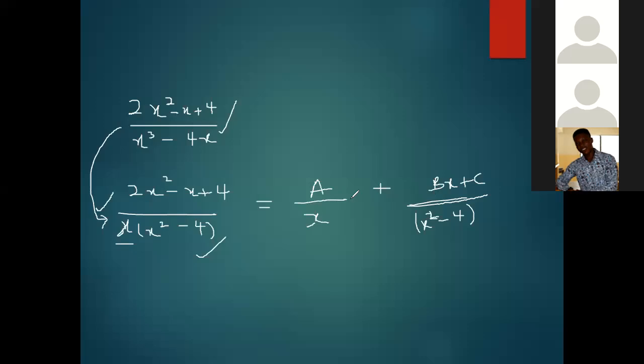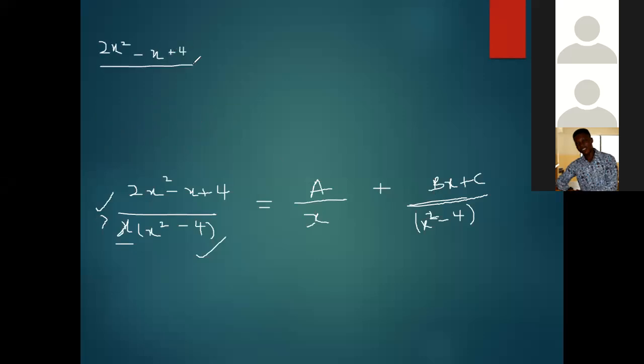Okay, so then let's solve this. I'm going to rewrite it at the top for us to solve. So let's rewrite it here. We are expressing 2x squared minus x plus 4 over what?